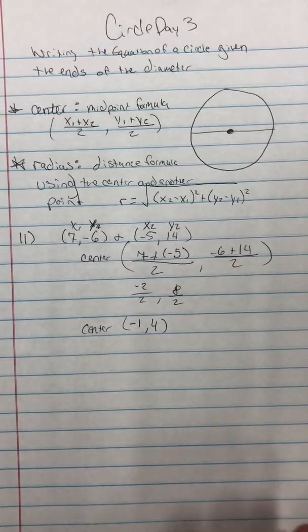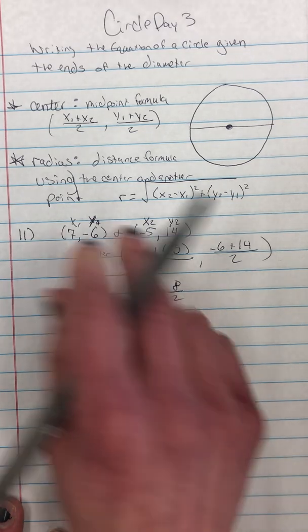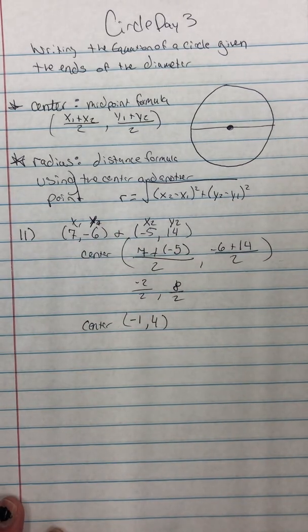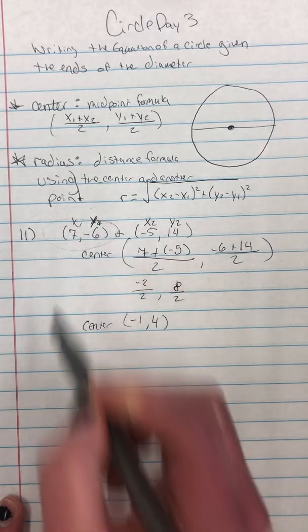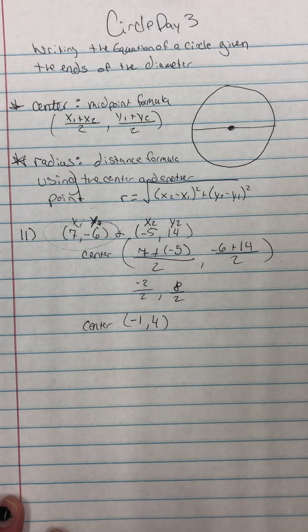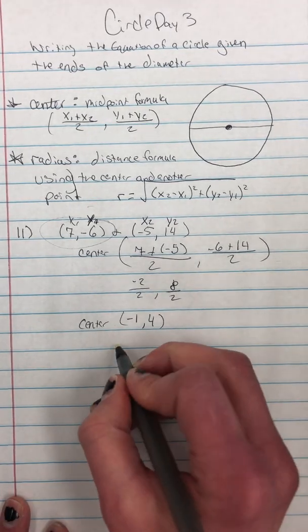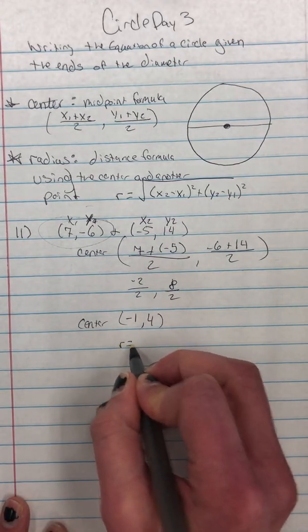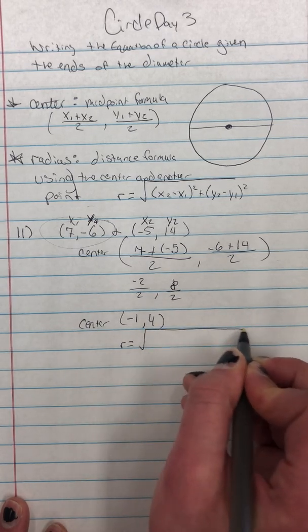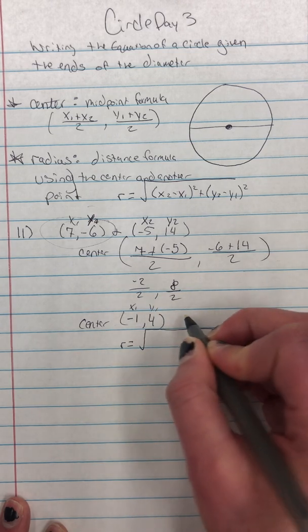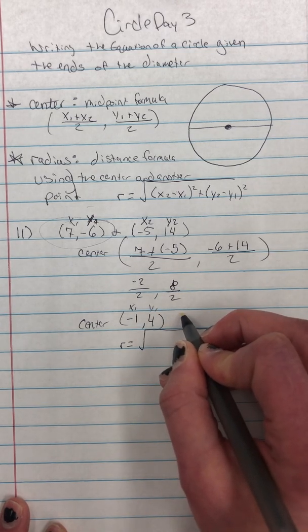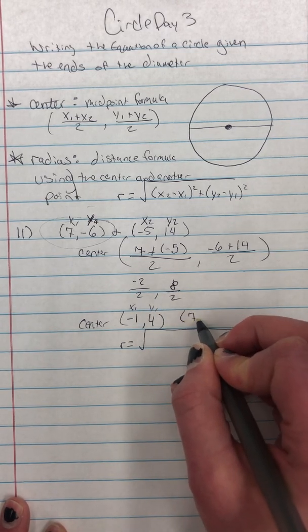To find the radius, we are going to use our center and one of the other 2 points. It does not matter which one. I'm going to use this point because it looks a little bit easier to work with. We're going to use the distance formula for our radius. The center is x1, y1, and the other point is x2, y2.